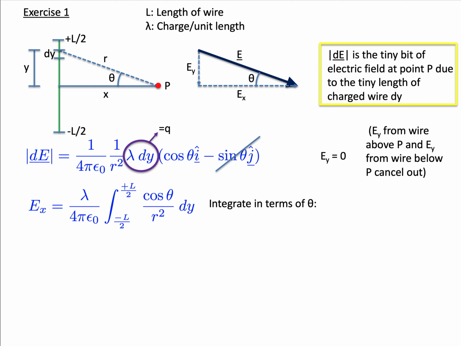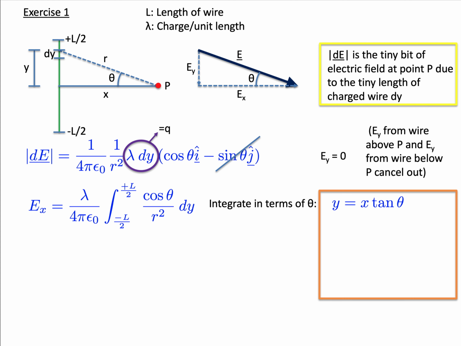We can see from the diagram that y equals x tan theta. Differentiating that gives us dy, and then r squared is x squared plus y squared, and subbing our formula for y in terms of theta gives us this. We don't need to put x in terms of theta because here x is a constant.